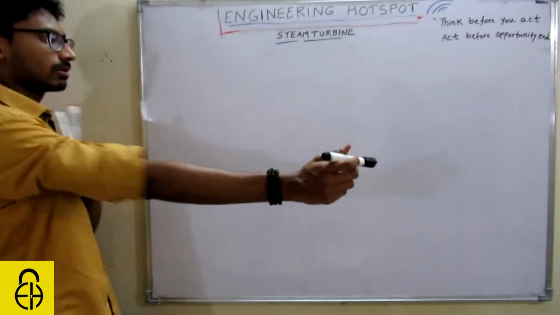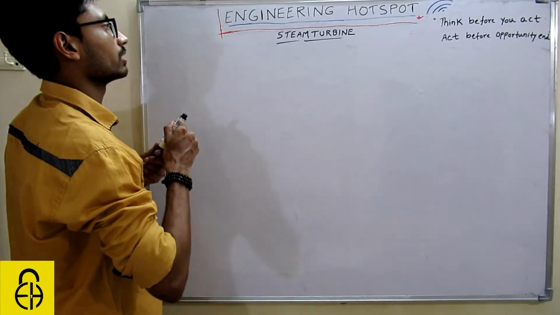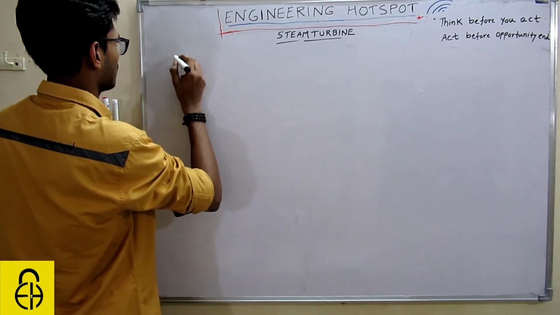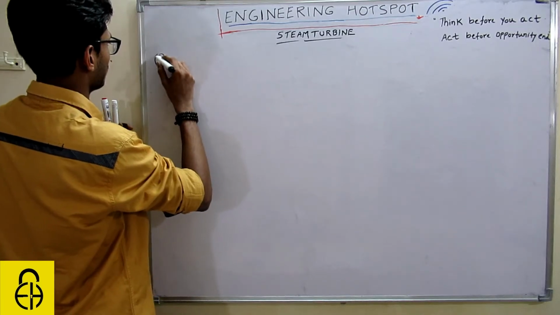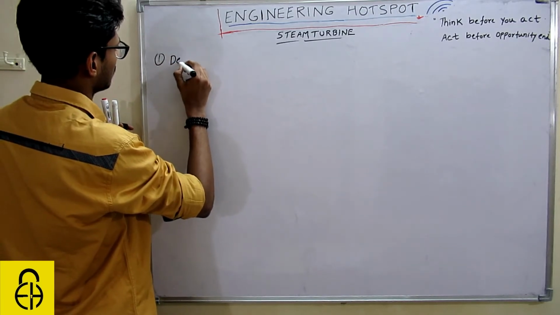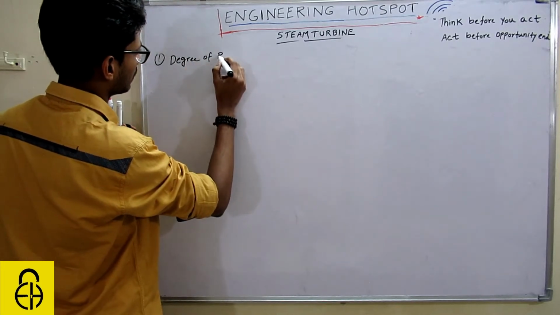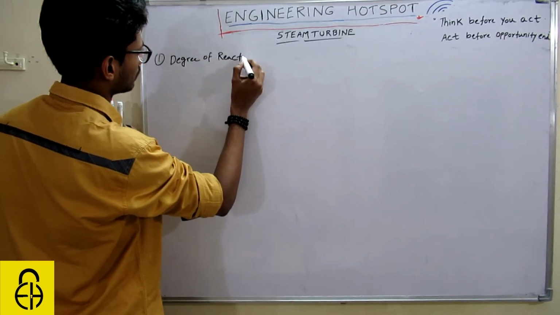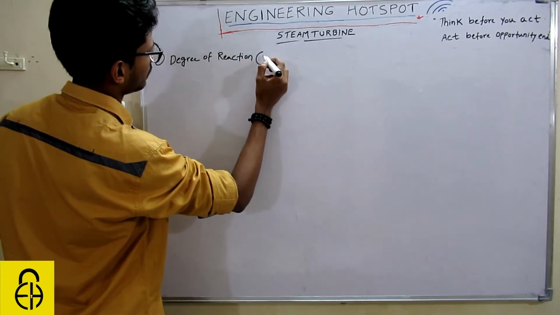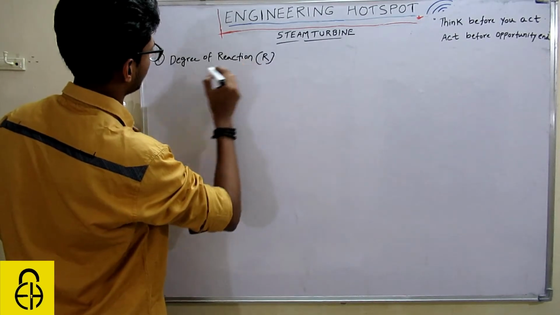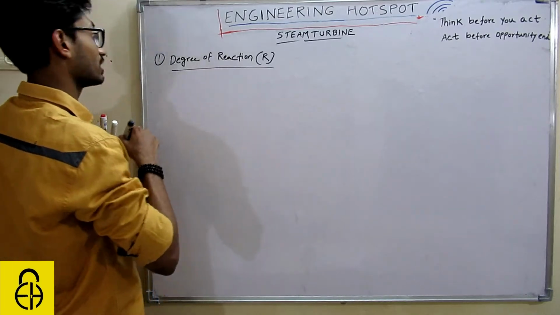You should know some of the terminologies regarding turbines, steam turbine. First, let us go with degree of reaction. It is represented by R. So what is degree of reaction?